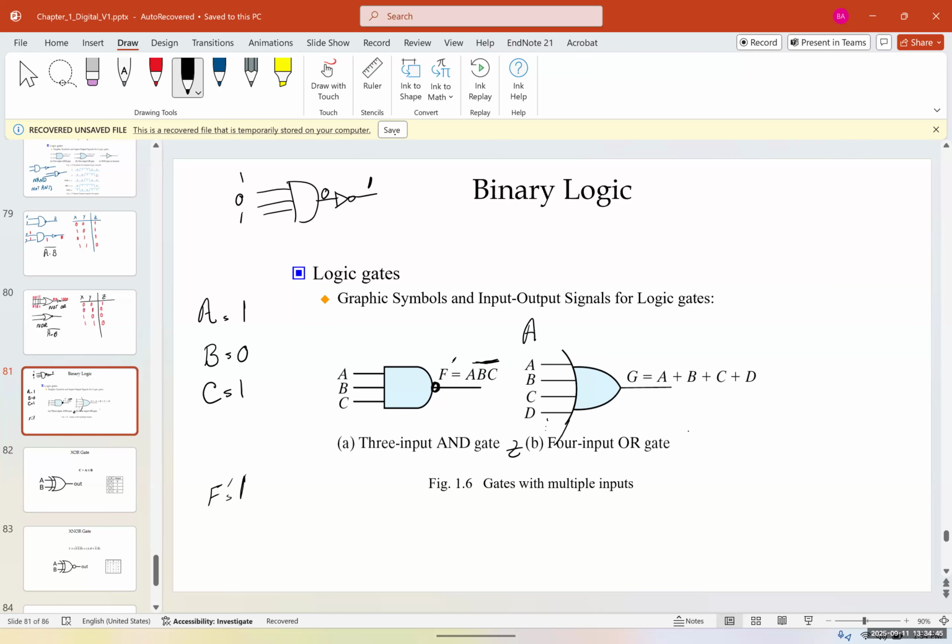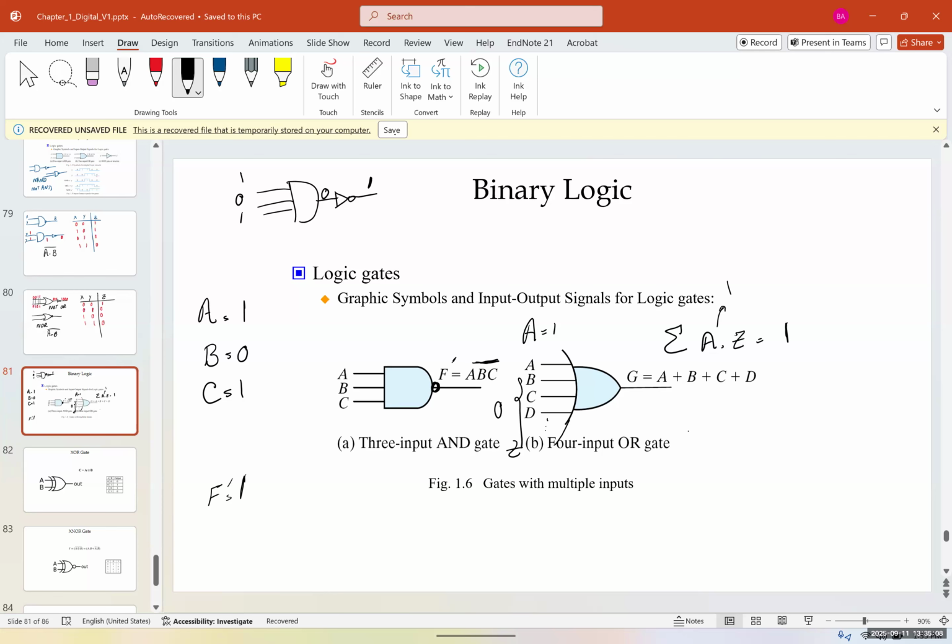And what if A is 1, but the rest of them are 0? What would the output be? 1. Perfect. So if even one of them is 1, so sigma of A to Z, if A is 1, then the answer would be 1. Okay.